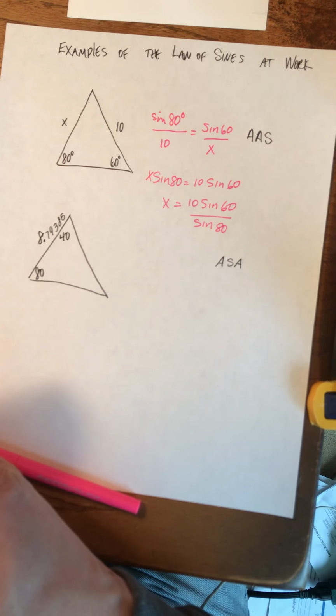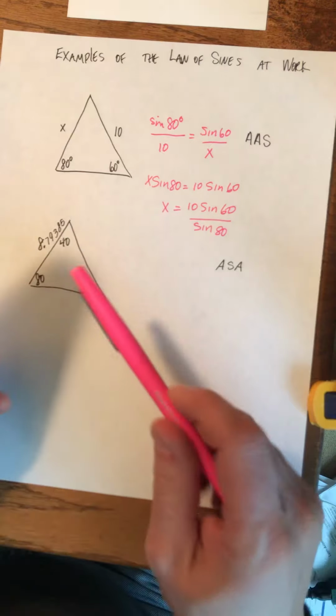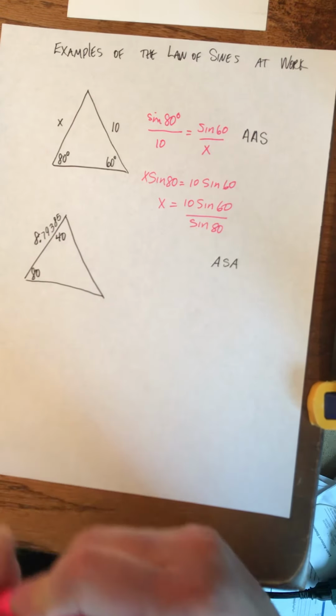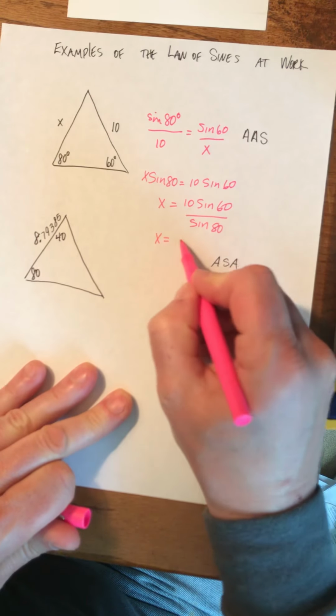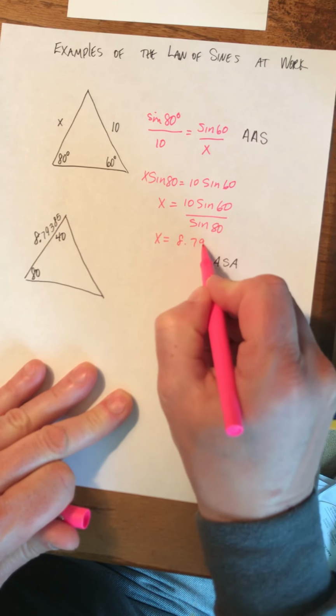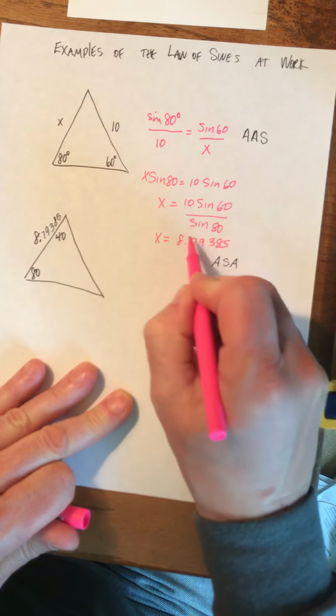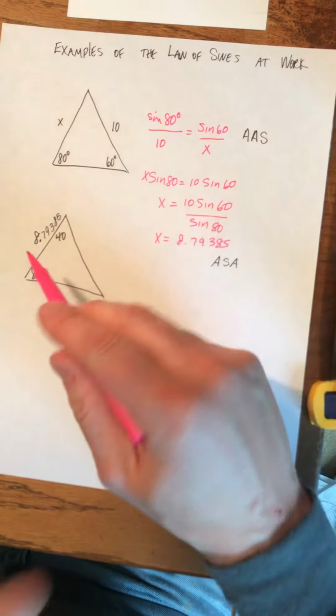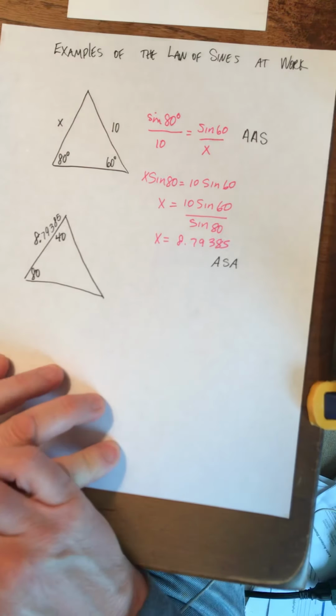And we should get 8.79385. So x would be 8.79385. So if this were 10 inches or 10 miles or 10 centimeters, then this would be about 8.79 centimeters.